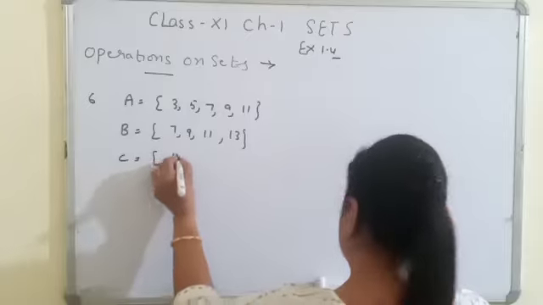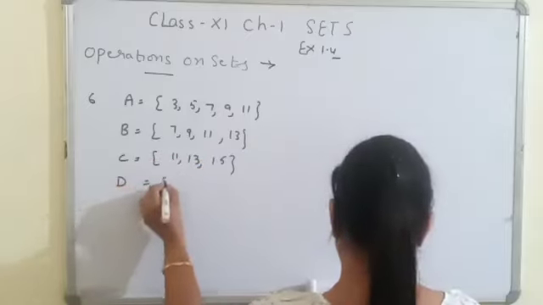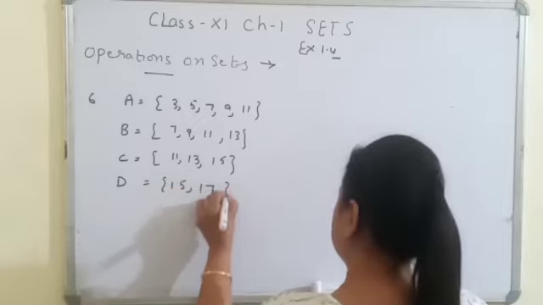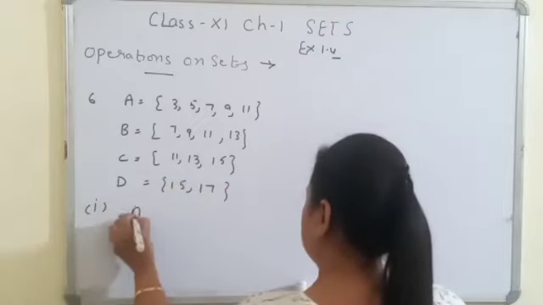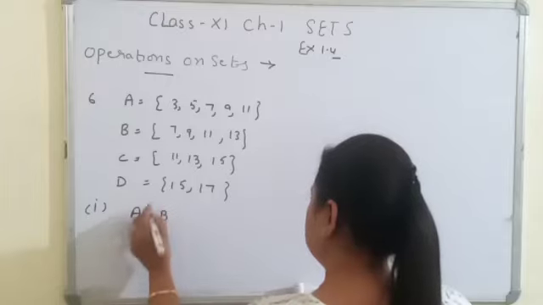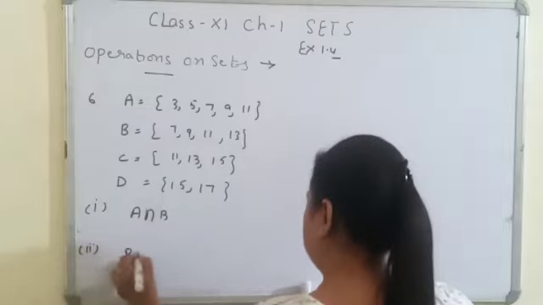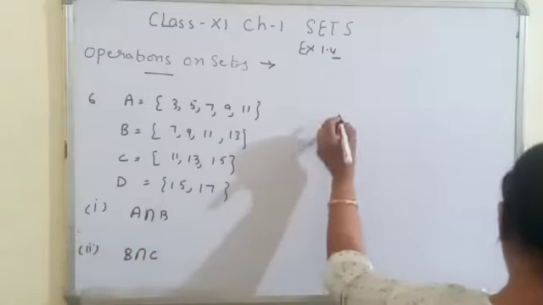C is 11, 13, 15. D is 15 and 17. Part 1: we have to find A intersection B. In the second, we have to find B intersection C.